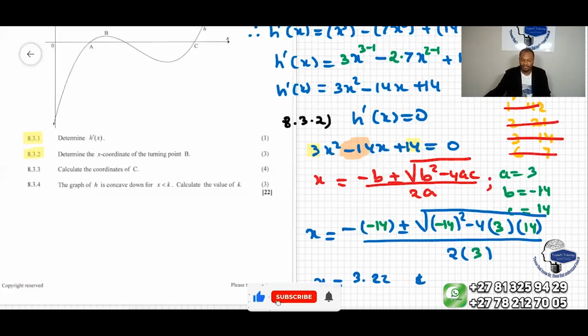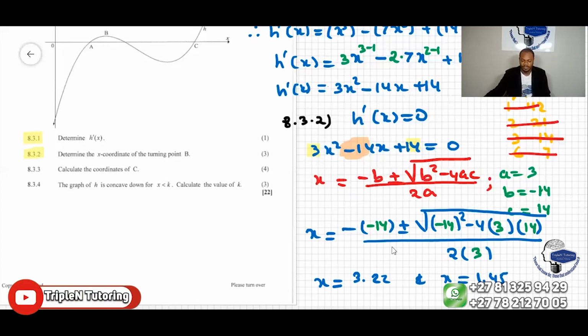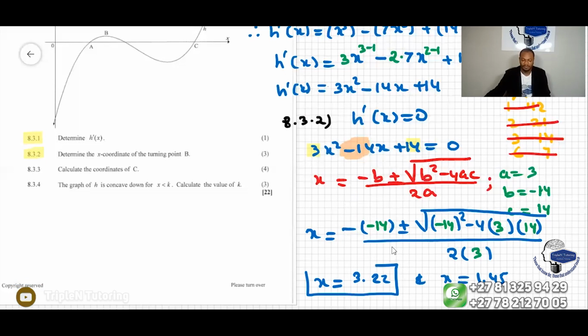And if we use the negative sign, we get 1.45. So those are the values of x where we have the turning points.